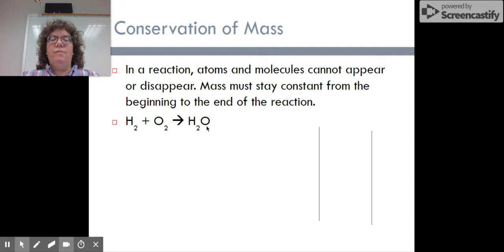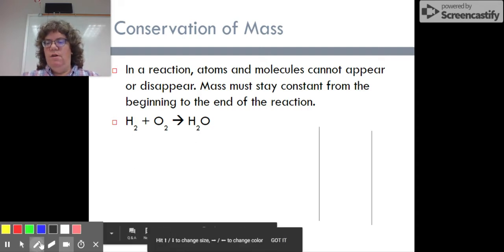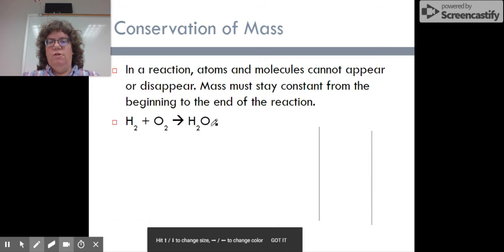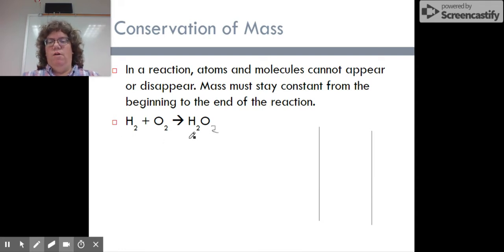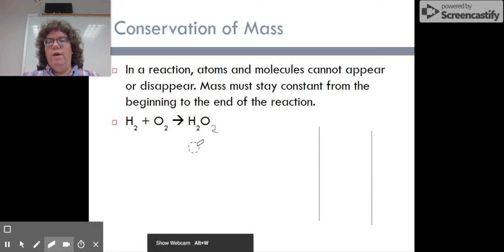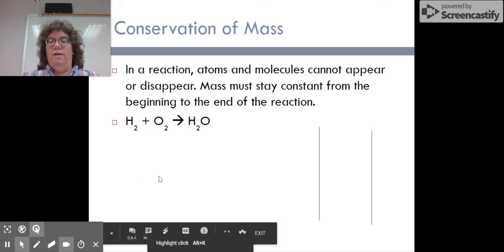And we can't just draw a little 2 right there, because that gives us something completely different. H2O2 is hydrogen peroxide, and that's not what we want at all. So we need to be real careful when we are balancing these reactions that we are doing it the correct way.